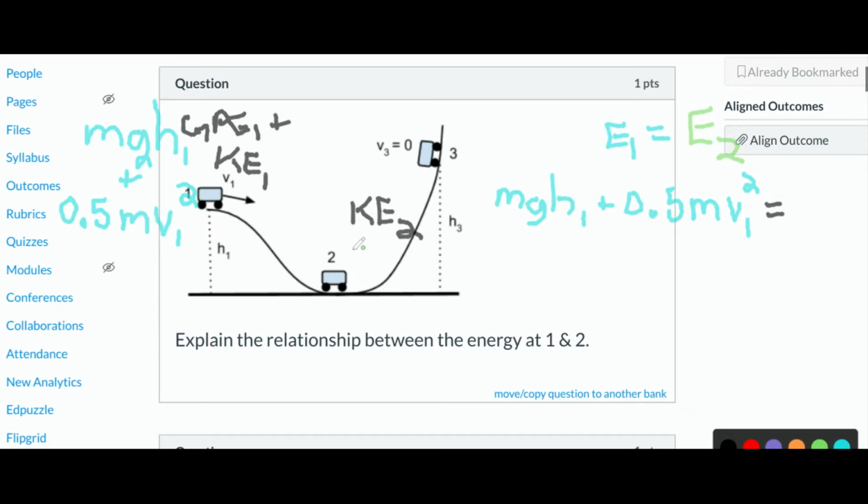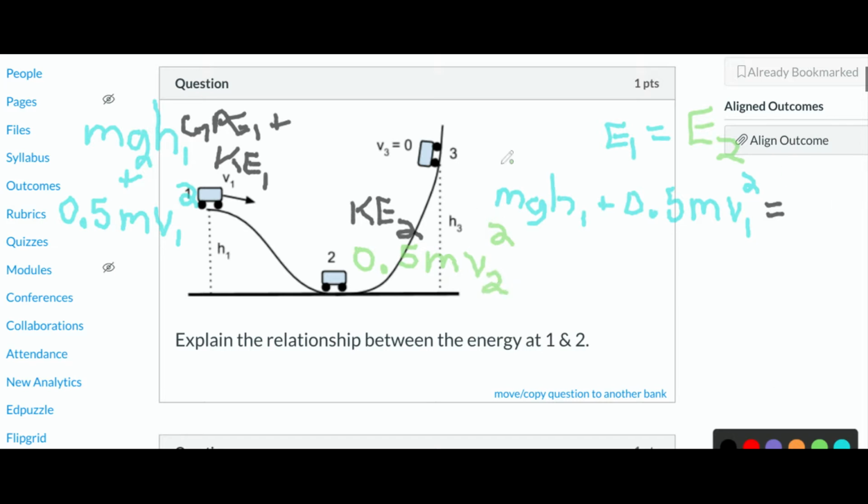So KE2 is 0.5 m v squared, where we're talking about the velocity here at 2, where it's going the fastest. So it's actually 0.5 m v2 squared.